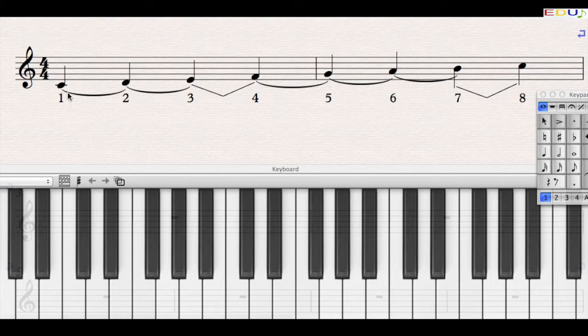We find a whole tone between tone 1 and 2, a whole tone between tone 2 and 3, a semitone between 3 and 4, a whole tone between 4 and 5, a whole tone between 5 and 6, a whole tone between 6 and 7, and a semitone between the 7 and 8.